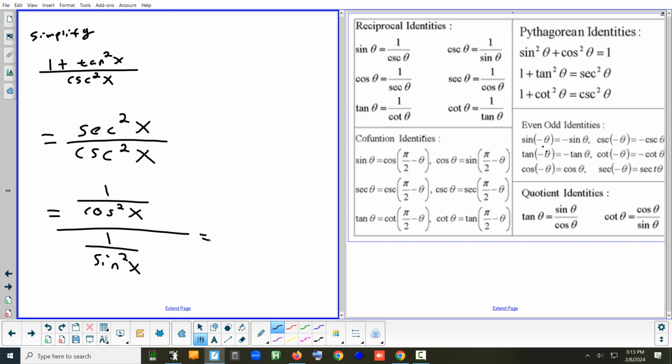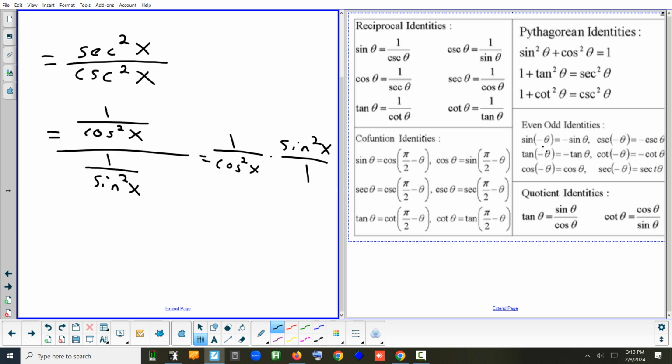Okay, and now we've got a fraction divided by a fraction. What do we do to divide two fractions? Multiply by the reciprocal. So we have 1 over cosine squared times sine squared over 1. What's 1 times sine squared? Sine squared. And what's cosine squared times 1?